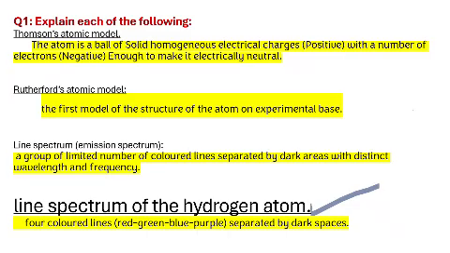And if we do these conditions or this experiment with hydrogen, we observe that the line spectrum for the hydrogen atom consists of 4 colored lines, and the colored lines which are emitted from the hydrogen atom are red, green, blue, and purple.